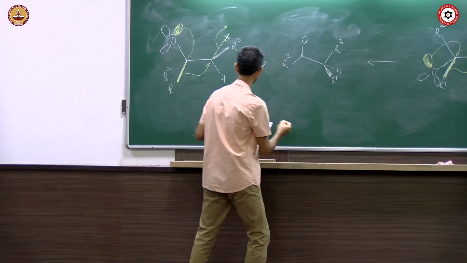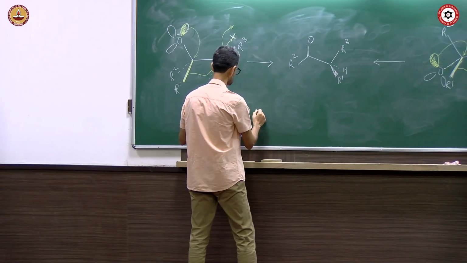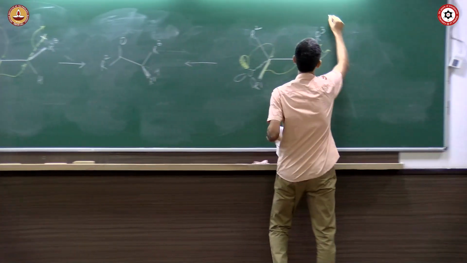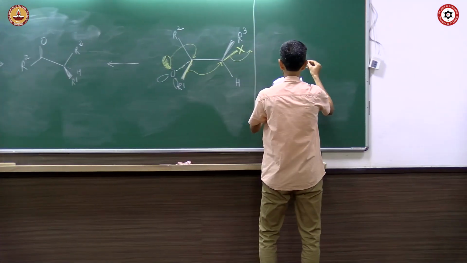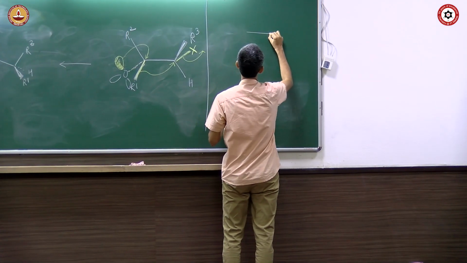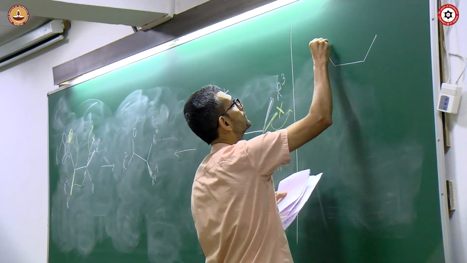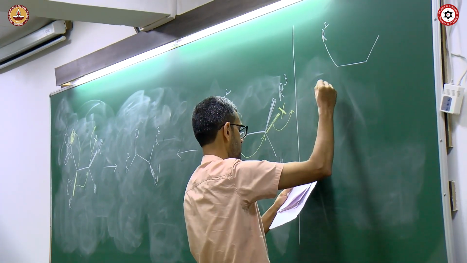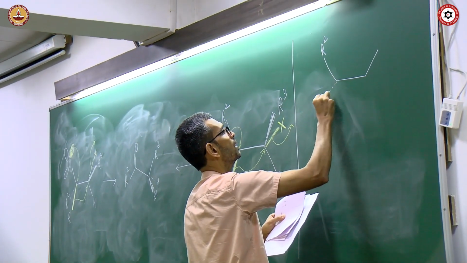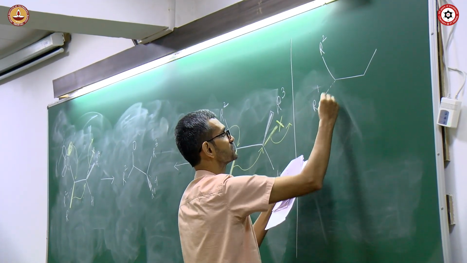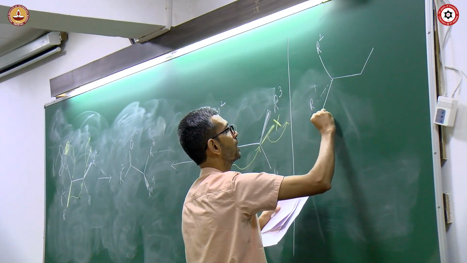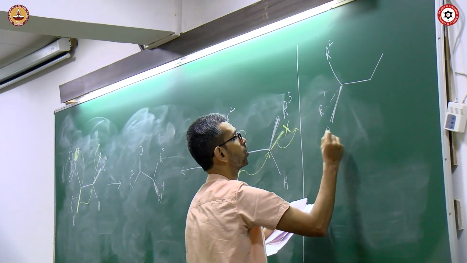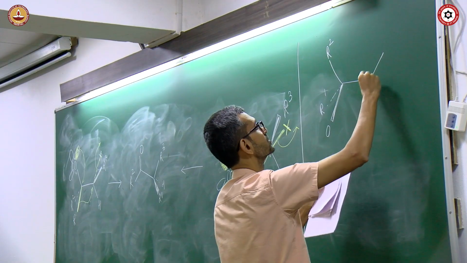There is a space, okay. R2, R1 is behind because we want to keep O anti-periplanar to the leaving group.